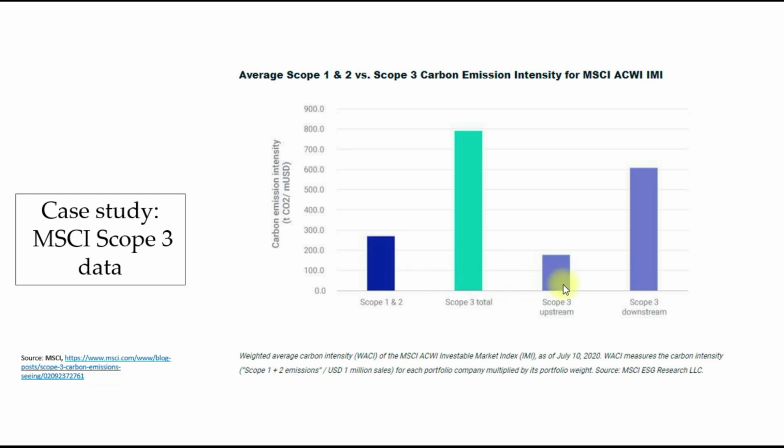And you can also see the breakdown: scope 3 emissions upstream and scope 3 emissions downstream. Upstream is the activities towards the company's operations, and downstream the activities from the company's operations. Nonetheless, companies are advised to calculate and quantify, to be specific with their emissions.